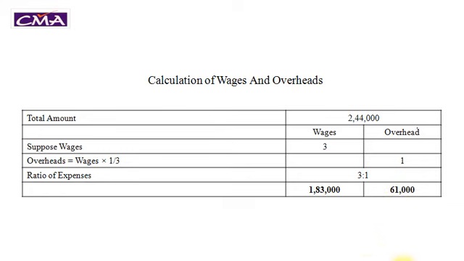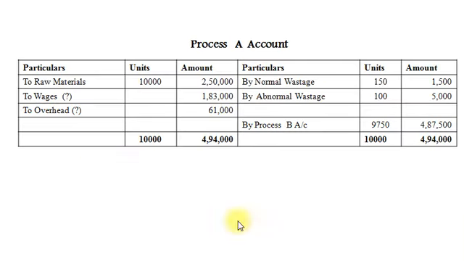Okay, so process account debit side wages 1,83,000 and overhead 61,000. So to wages 1,83,000 rupees and to overheads 61,000. And finally our process A account gets tally 10,000 units and 4,94,000 rupees.